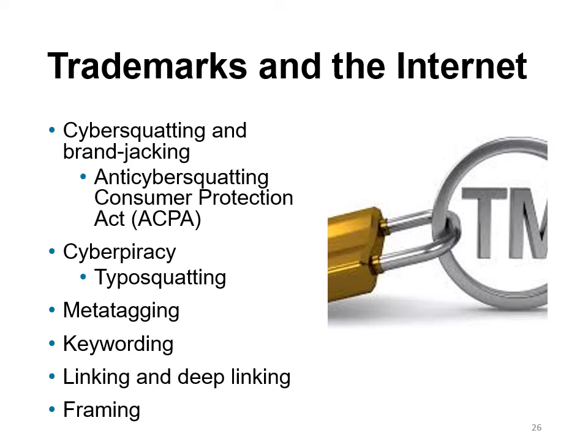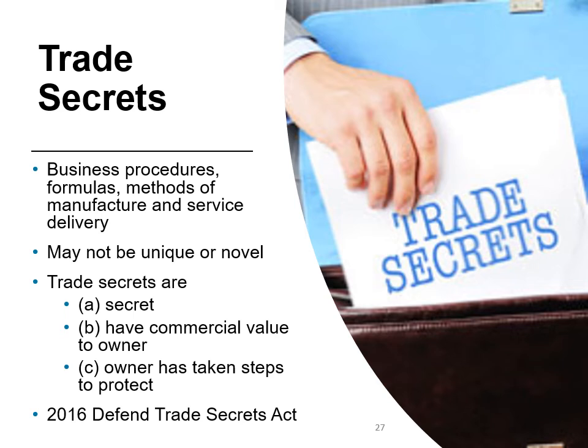So trademarks and the internet, these are some of the controls. And the other one is trade secrets. A trade secret is something like a business procedure, formula, or methods of manufacture and service delivery. This is not a physical product, but something like procedures and formulas. A trade secret is a secret recipe, what builds up that product.